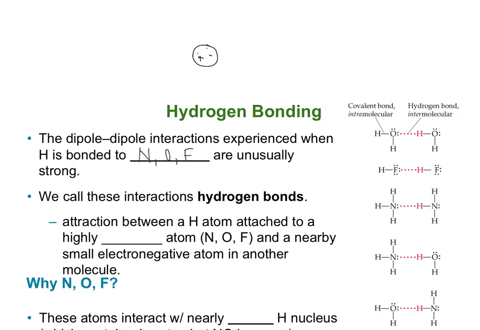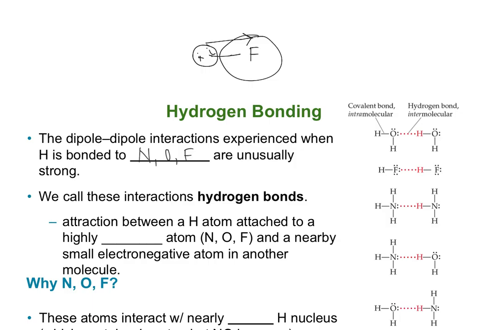And when it bonds to any element, but let's say specifically fluorine, we know that fluorine is very electronegative. So even though it's going to share this electron to fulfill its octet and create this covalent bond, fluorine is pulling on the hydrogen's electron so hard that it basically pulls it almost off.